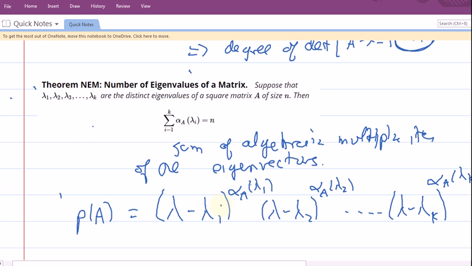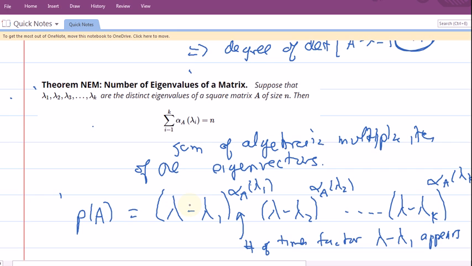So the alpha denotes the number of factors corresponding to that particular eigenvalue that occur in the characteristic polynomial. So alpha is the number of times that the factor lambda minus lambda 1 appears. So you can call it the multiplicity of that root.